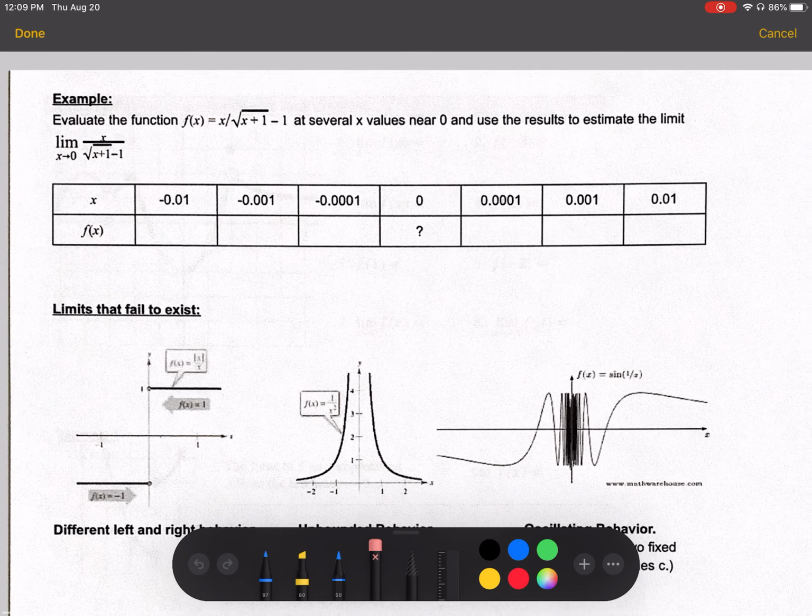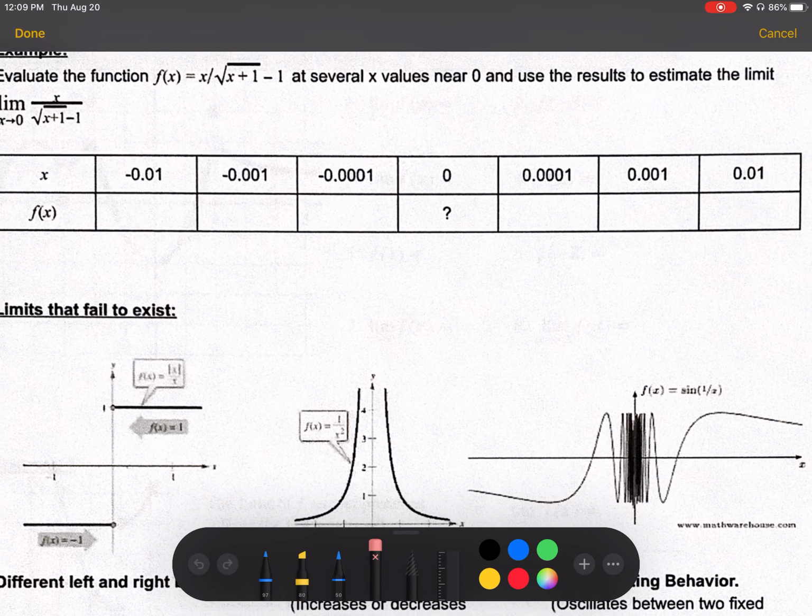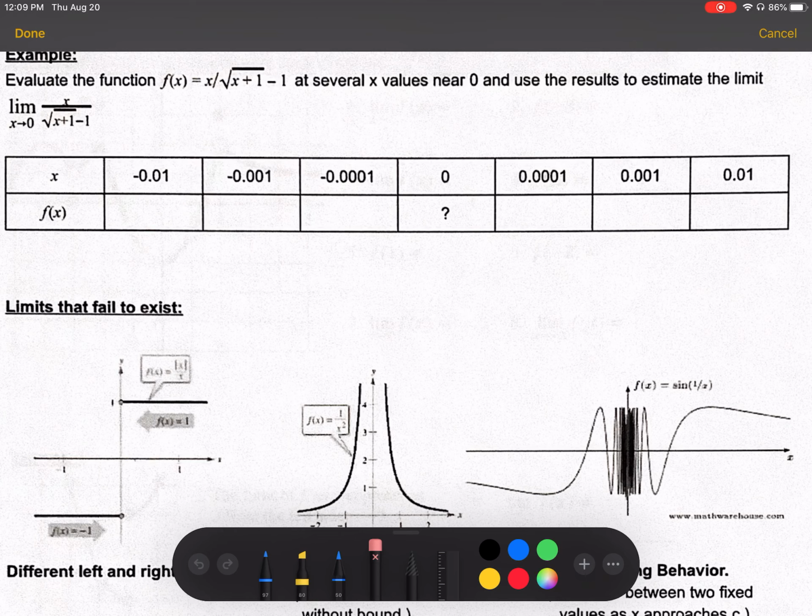And so we can fill this in. For time purposes, I'll just fill this table in because we should know how to plug things in. So this is 1.99499. 0, we don't know. And that's if we plug 0 in, we're going to get an undefined answer.